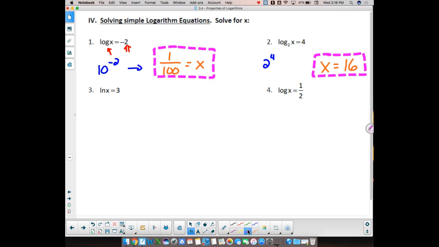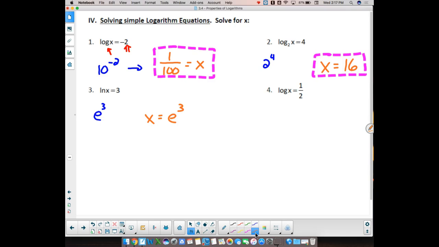That's a trickier one. What's the base here? It is not 10 in number 3. E. Base is E. Okay. So this is E to the third, which we're just going to leave as E to the third.